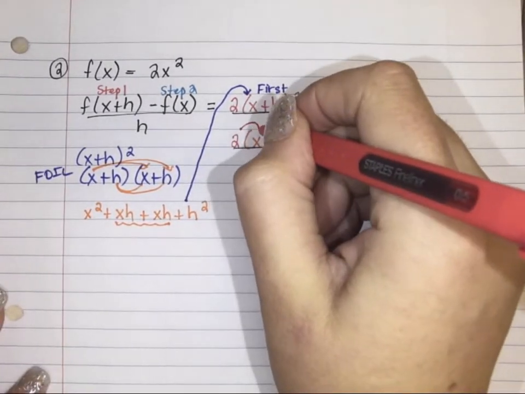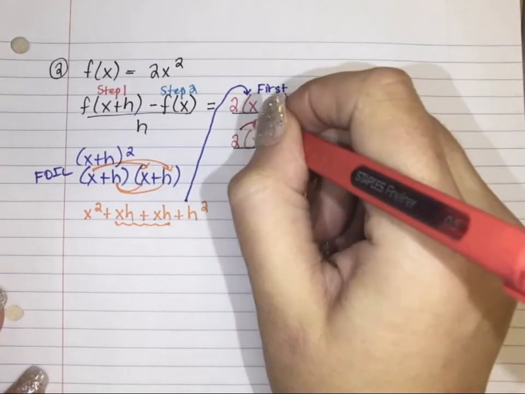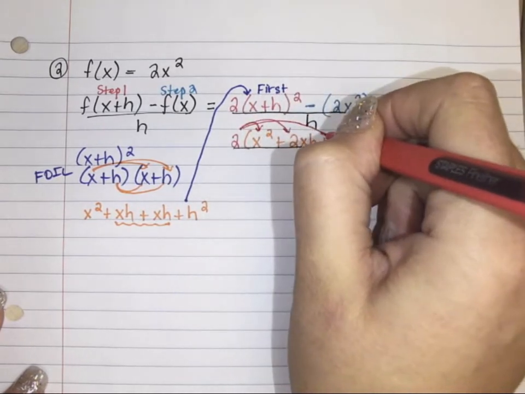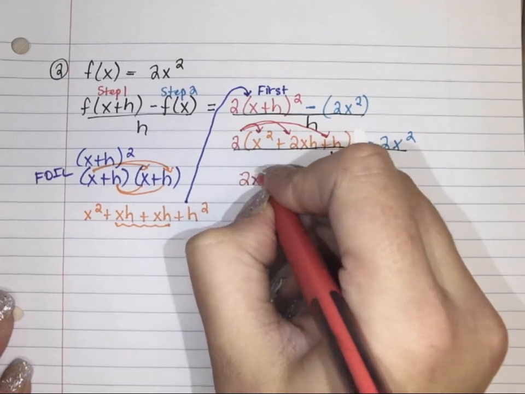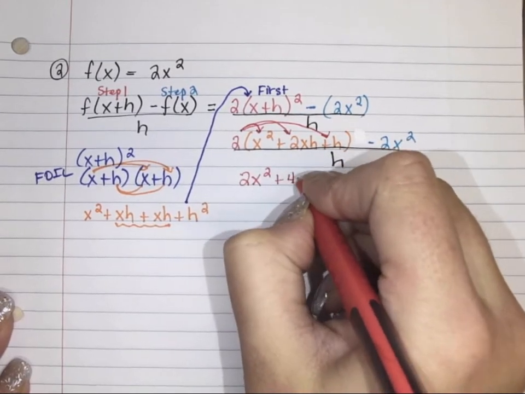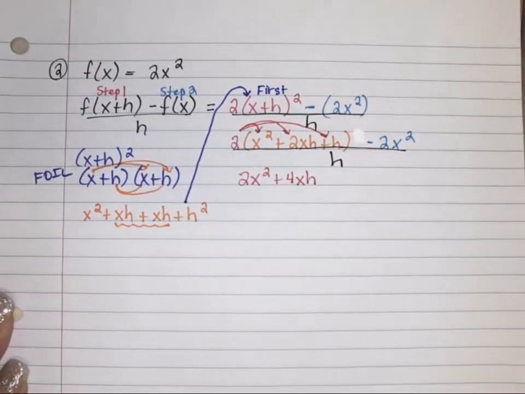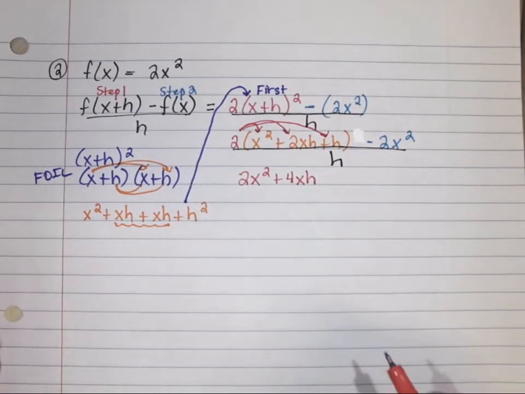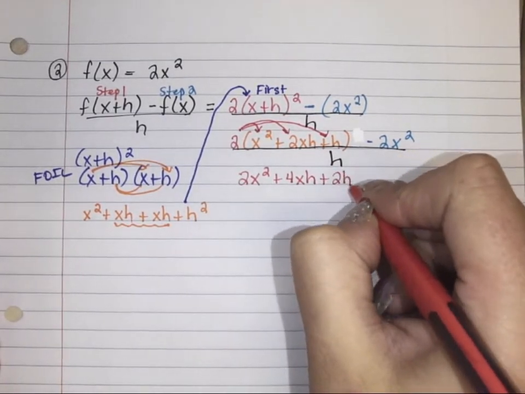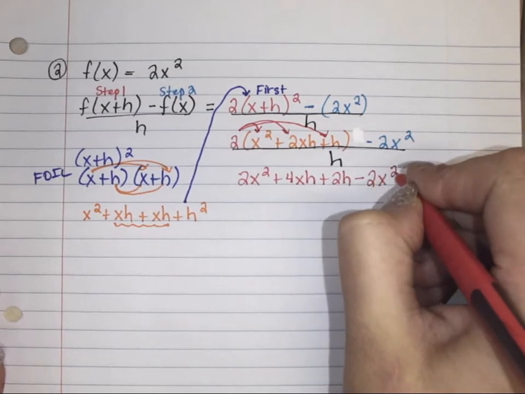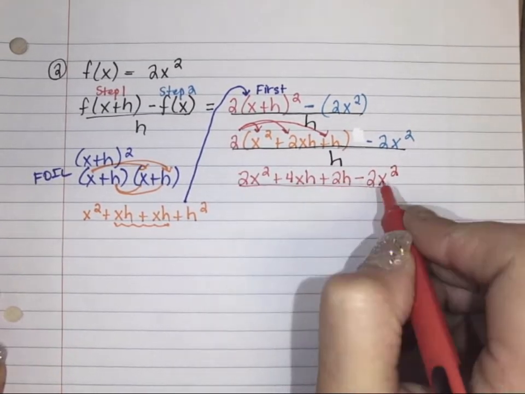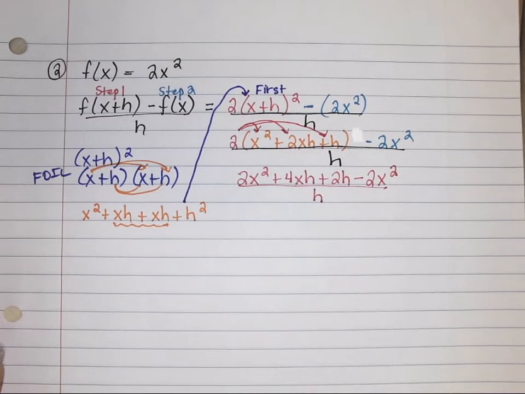Next step, let's distribute 2 to all 3 terms. So we have 2x squared plus 4xh plus 2h squared. And then let's go ahead and bring down the minus 2x squared. And then all over h.